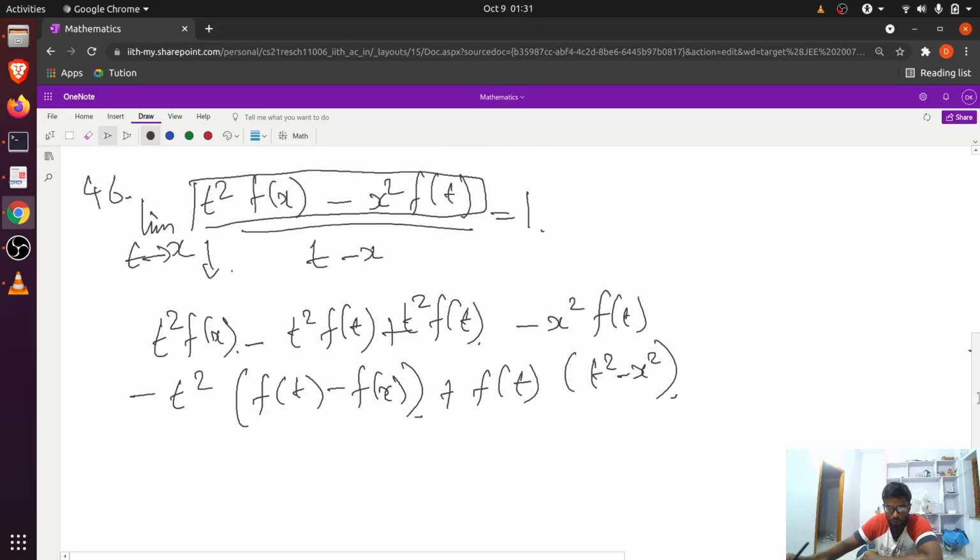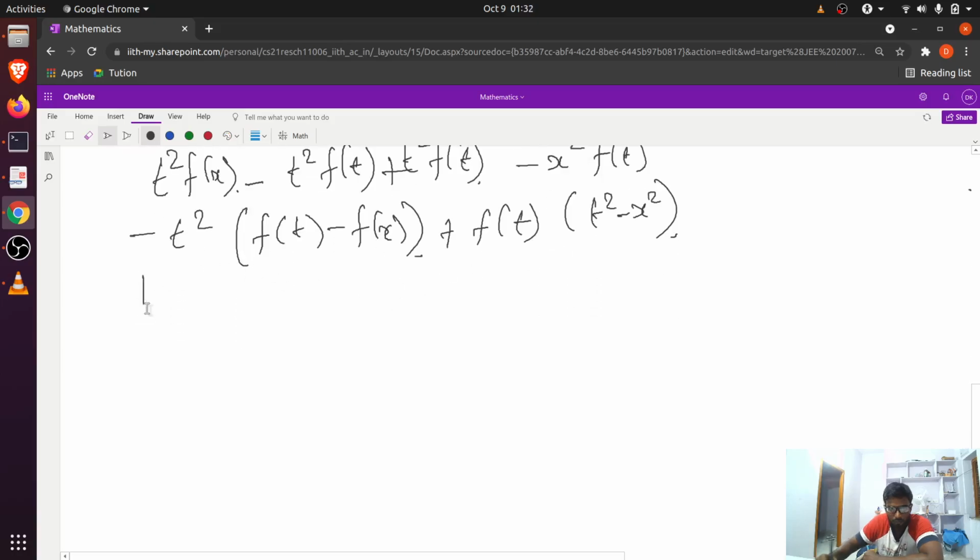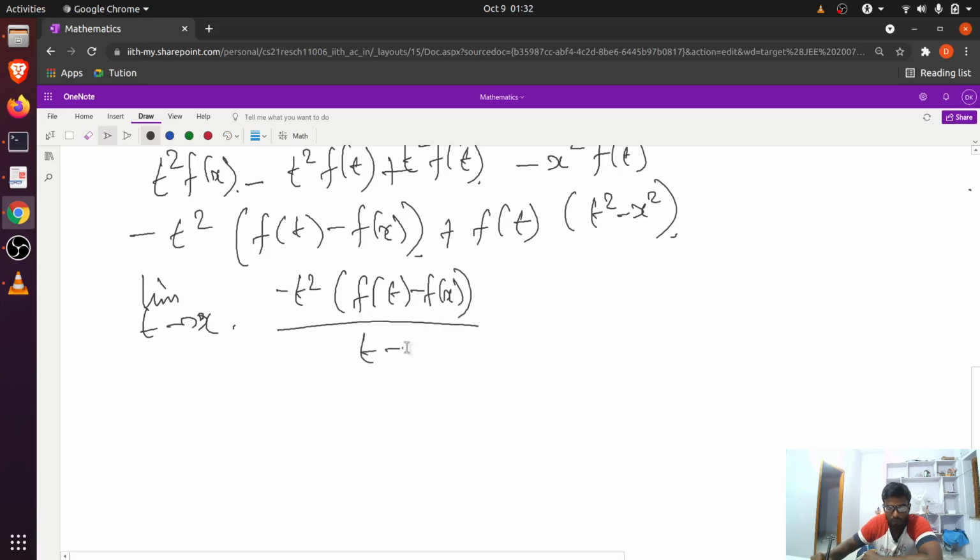If I substitute this term in this simplified expression, we have limit t tends to x of minus t square into f of t minus f of x divided by t minus x, plus f of t into t square minus x square, which can be written as t minus x into t plus x.